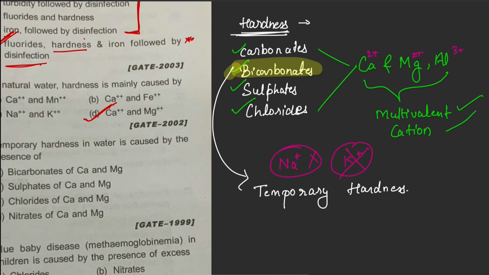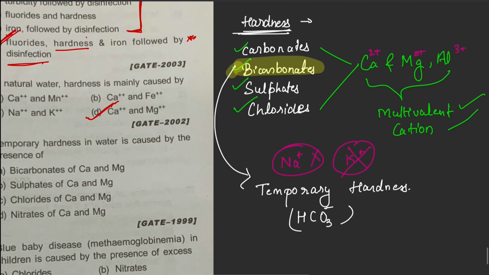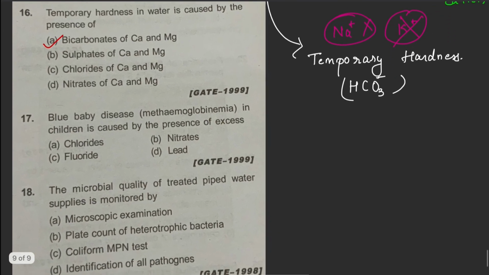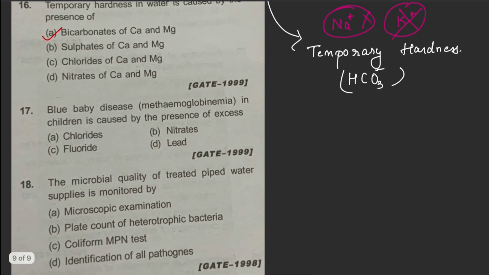Bicarbonate is written as HCO3 minus. So the option will be bicarbonates, and other things, carbonates, sulfates, chlorides will give you the permanent hardness. So only bicarbonates of calcium and magnesium will give the temporary hardness.